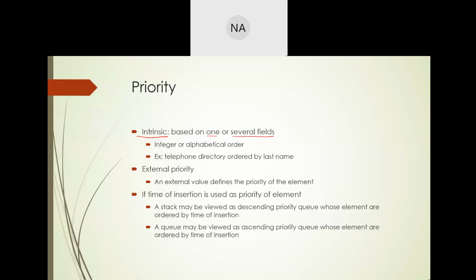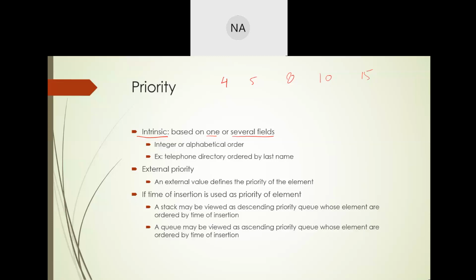Okay, so for example, your element is an integer. The value of the integer can be considered as the priority, right? So say you have this list: 4, 5, 8, 10, 15. So this is a queue, and you are using the value of the element as the priority of the element.